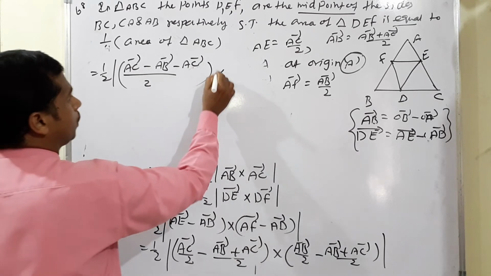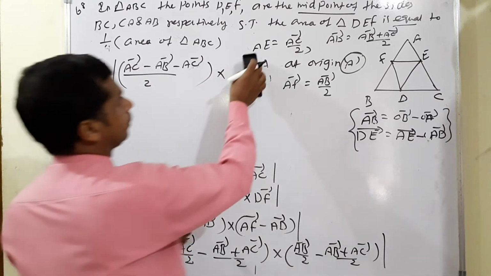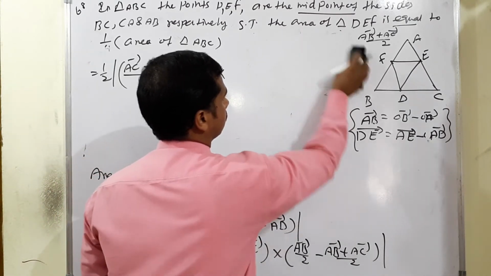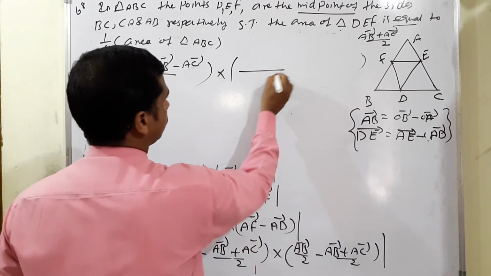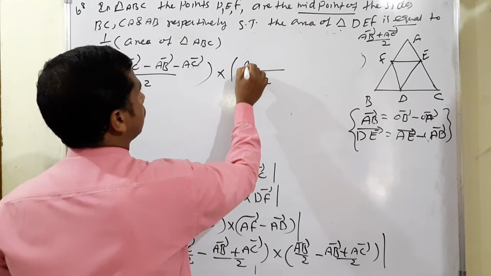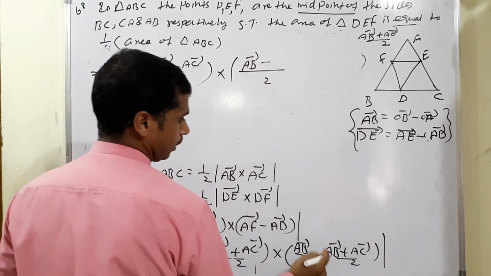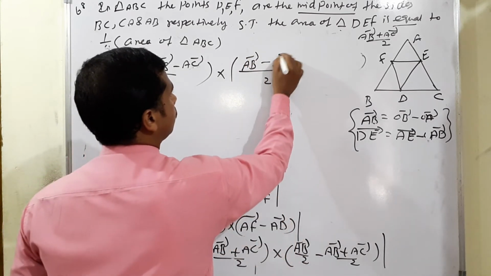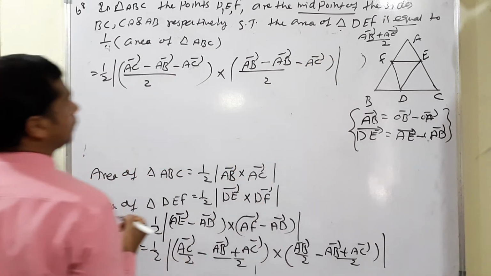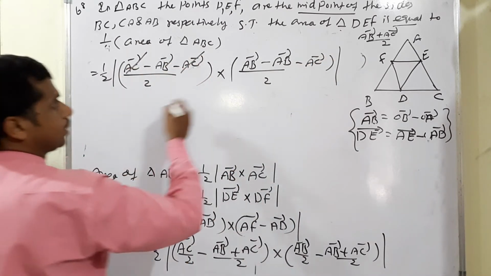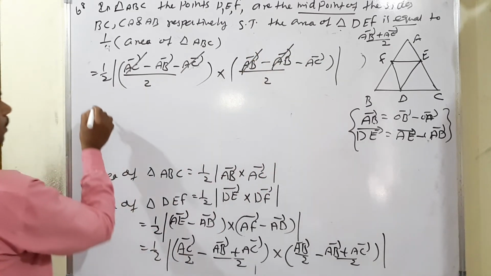This is one term, into the next condition, into here also common denominator 2, which means AB vector minus AC vector, close modulus, plus AC minus AC plus AB minus AB.